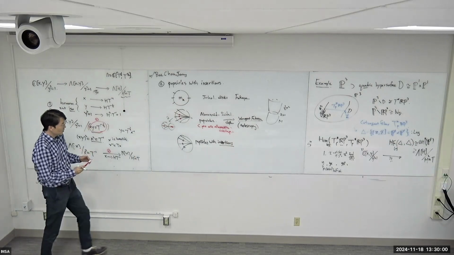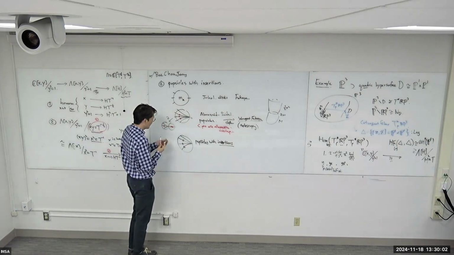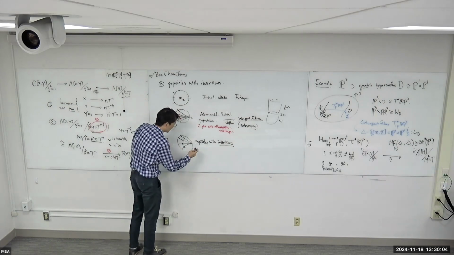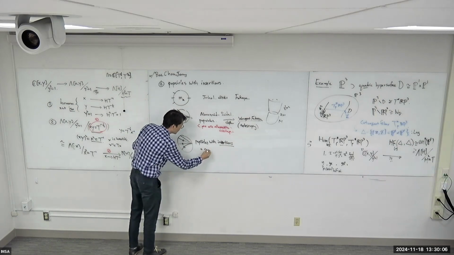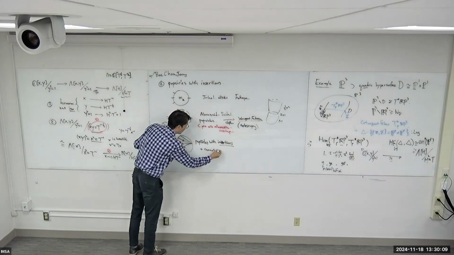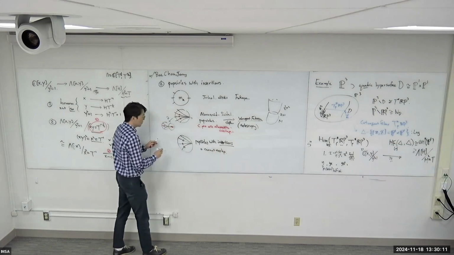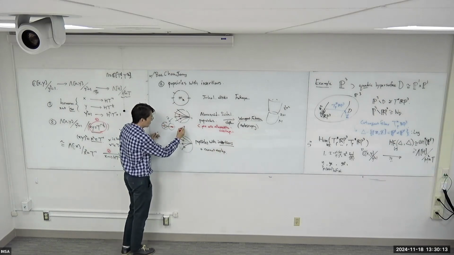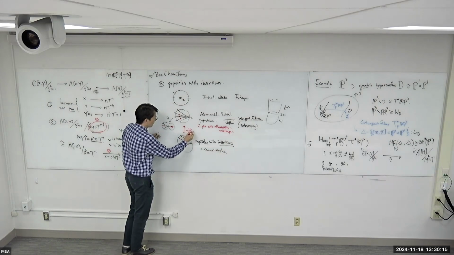And so these two, the circles cannot overlap. So these two have different compactifications.